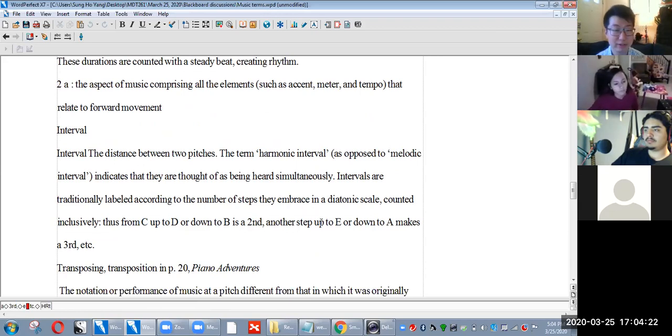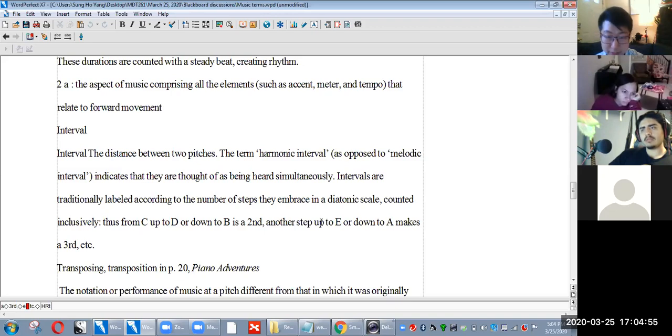Intervals are traditionally labeled according to the number of steps they embrace in a diatonic scale, simply C, D, E, F, G, A, B, C. In the diatonic scale, the intervals are whole step, whole step, half step, whole step, whole step, whole step, half step.